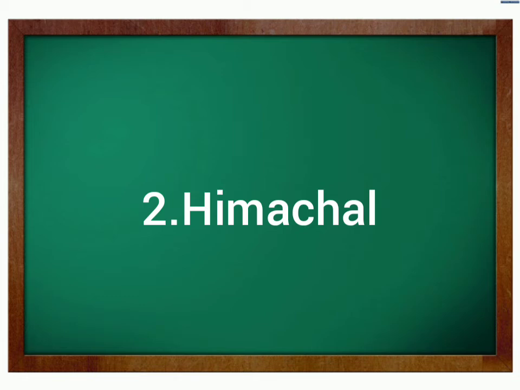The average height of the range varies between 3,700 meters to 4,500 meters. This range consists of the famous valley of Kashmir. Kangra and Kullu Valley in Himachal Pradesh are also here. This region is also known for hill stations.